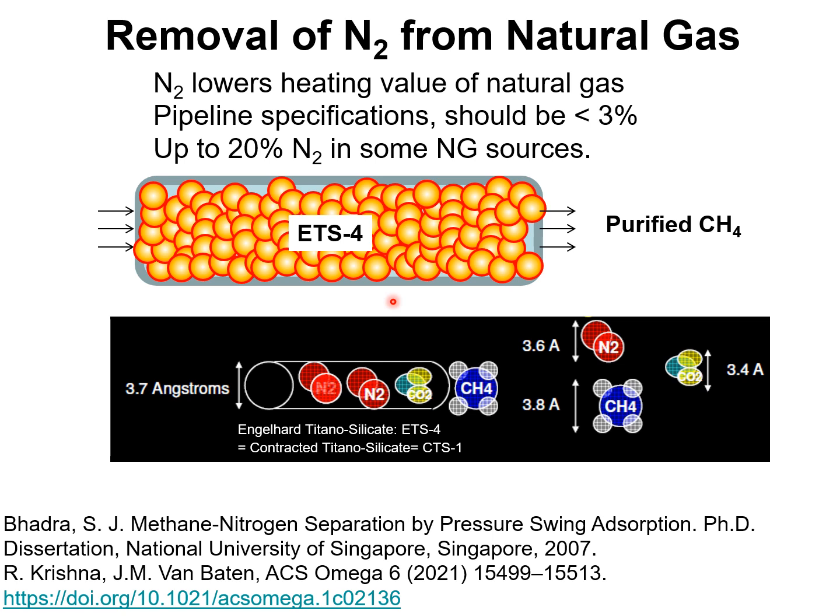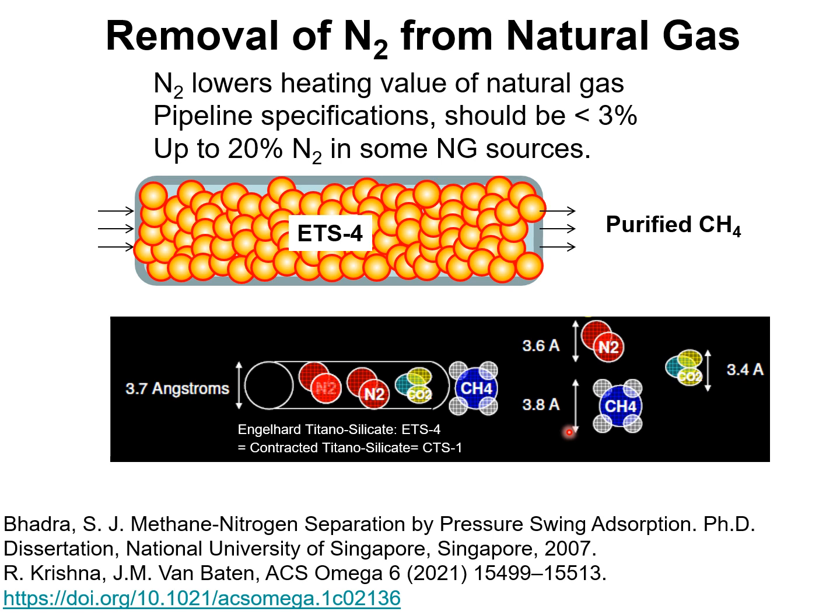In order to overcome this problem, the adsorbents that are chosen for nitrogen removal from natural gas rely on the principle of size exclusion. For example, in ETS-4, the pore sizes are adjusted to be about 3.7 angstrom, effectively rejecting methane from the pores, because the average diameter of a methane molecule is 3.8 angstrom.